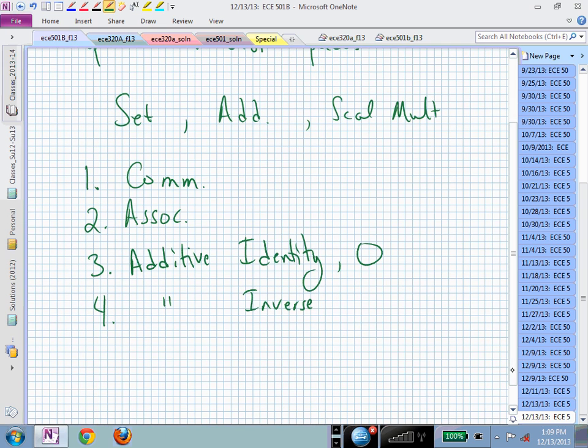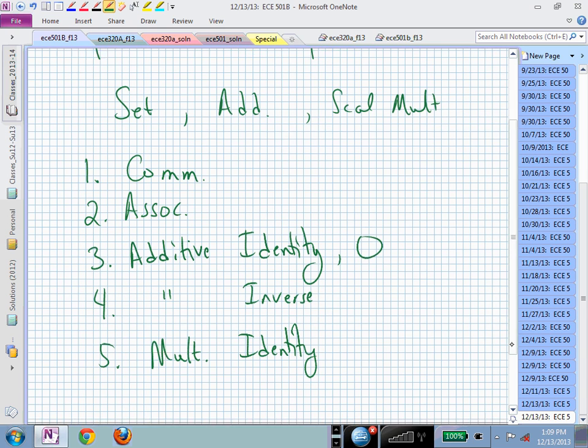And now vector is in quotes, it's a more general idea. Then you need a multiplicative identity, a scalar 1 from your field.